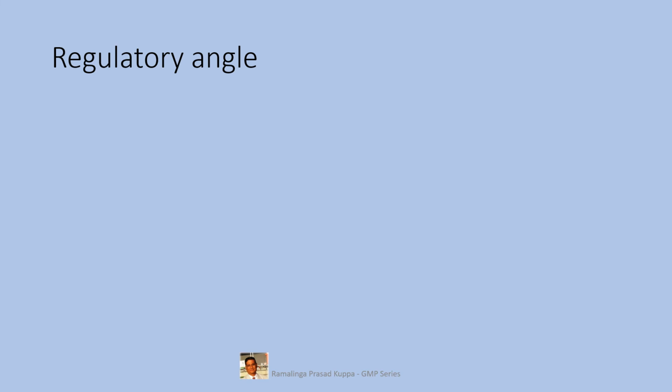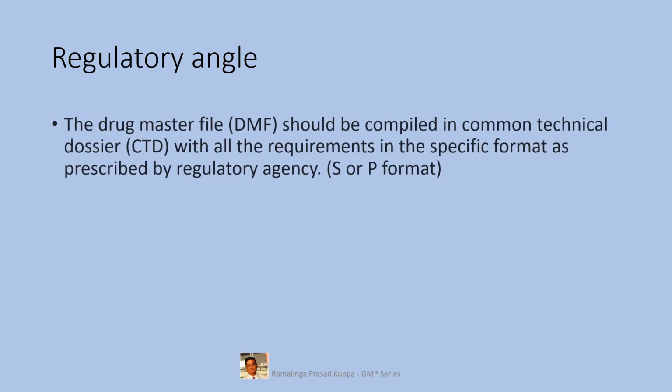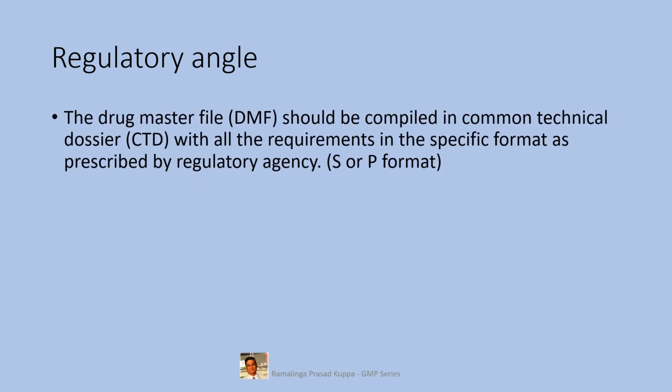Let us see the regulatory angle. The drug master file, DMF, should be compiled in Common Technical Dossier, CTD, with all the requirements in the specific format as prescribed by the regulatory agency. It is either S format or P format.